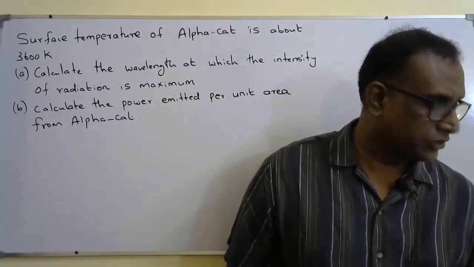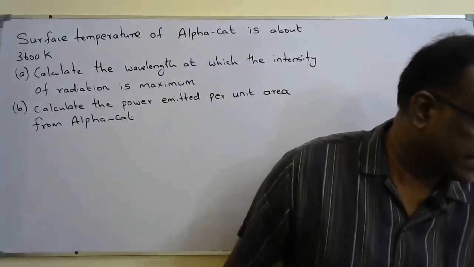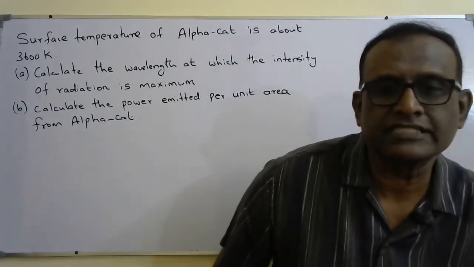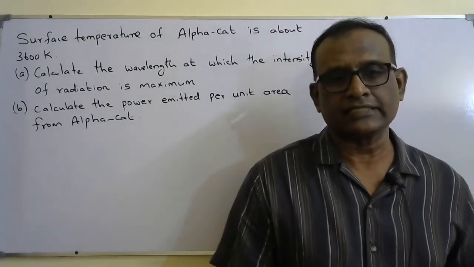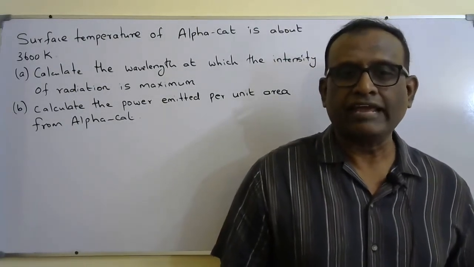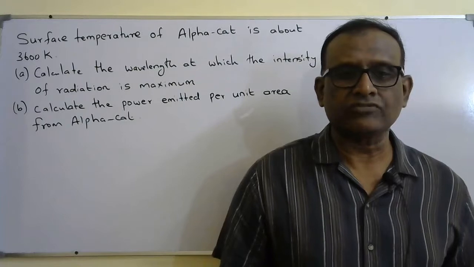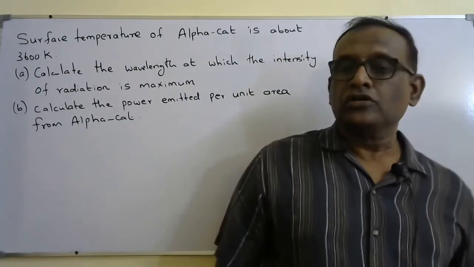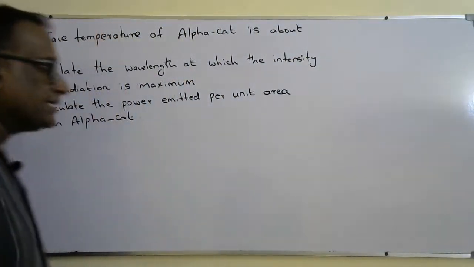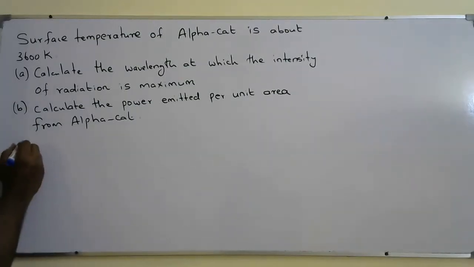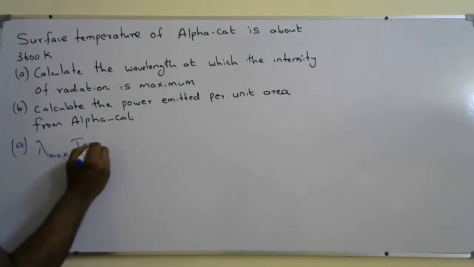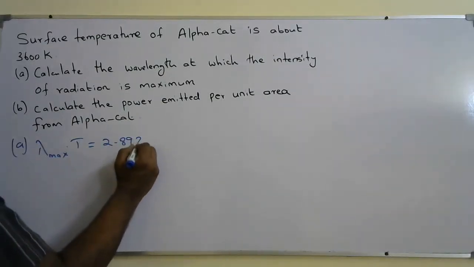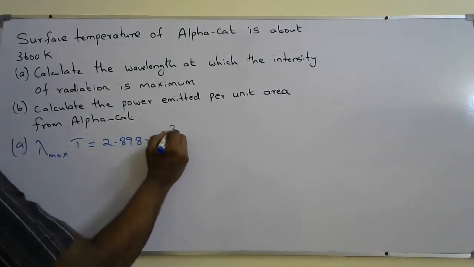Okay, so simple calculations related to these two laws. The first one: the surface temperature of Alpha Centauri is about 3600 Kelvin. Calculate the wavelength at which the intensity of radiation is maximum. To find it, we use Wien's law. So lambda max times T equals 2.898 × 10^-3 meter Kelvin.